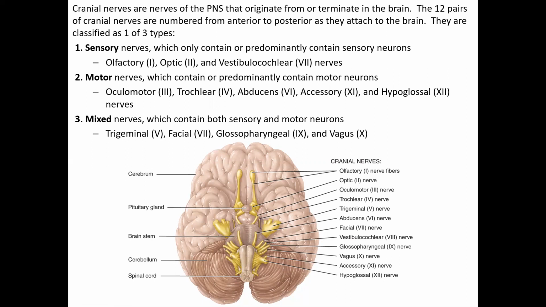They are classified as one of 3 types: sensory, motor, and mixed. Okay, sensory nerves, hopefully this is pretty common sense, are going to only contain or predominantly contain sensory neurons. In other words, they're going to contain neurons that are carrying signals into the brain.